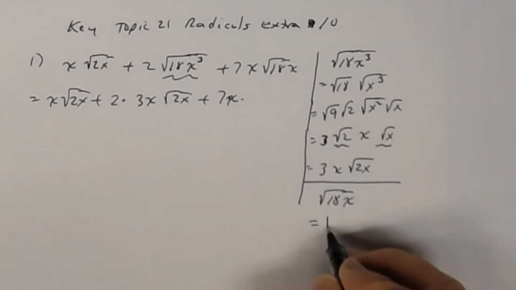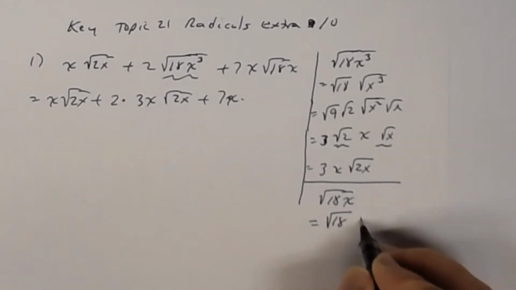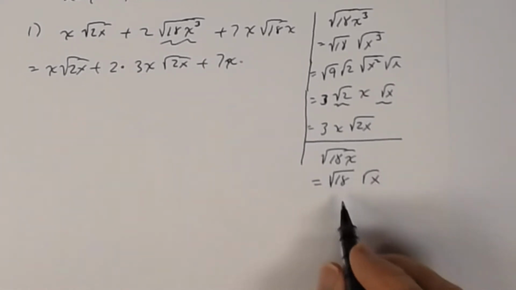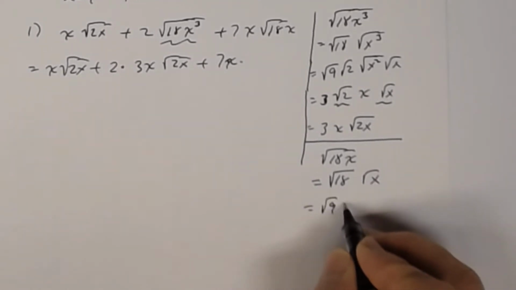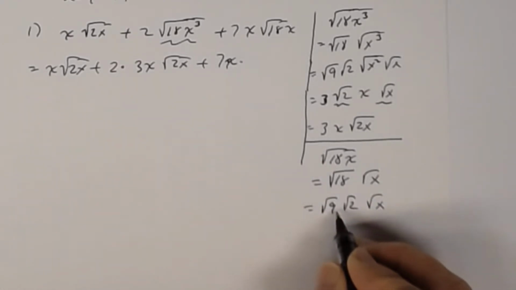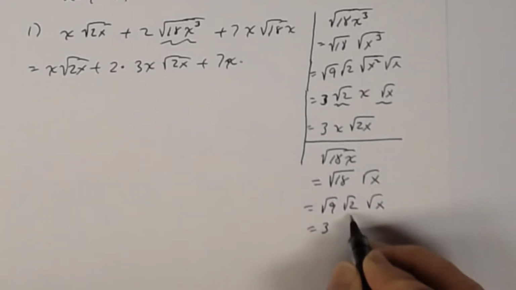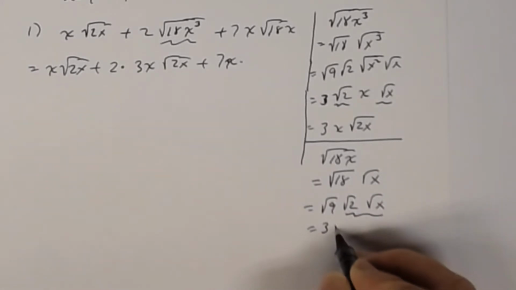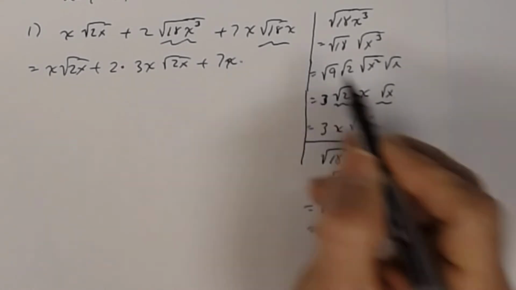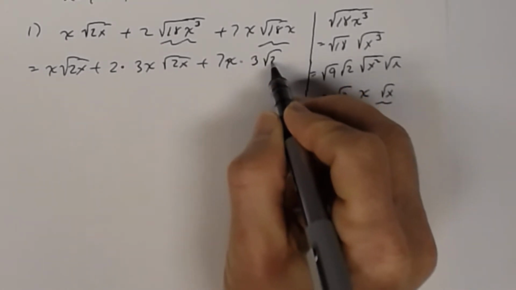I can write it using the product rule as the square root of 18 times the square root of x. The largest perfect square that goes in 18 is 9, so I can rewrite this as the square root of 9 times the square root of 2 times the square root of x. The square root of 9 is 3, and I can write the rest as one square root, so 3 square root of 2x. That part goes here, so times 3 square root of 2x.